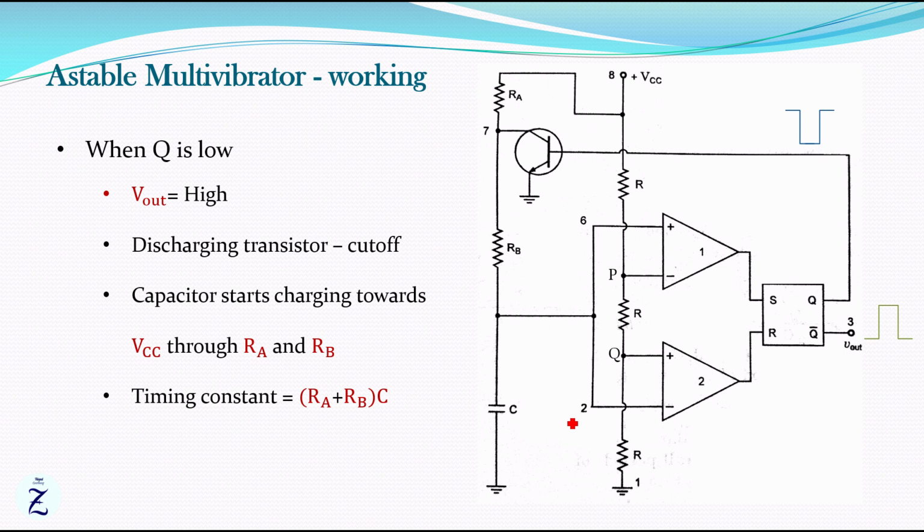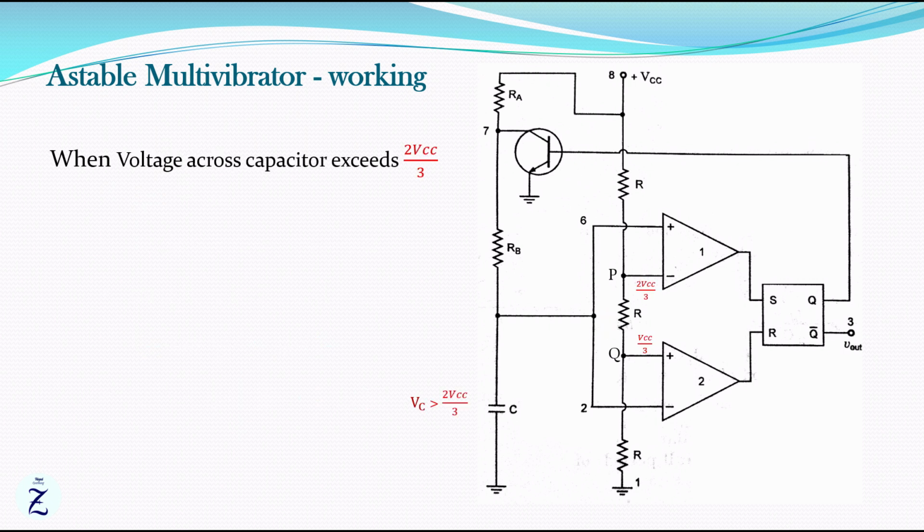Here we can see this capacitor is connected to the threshold and the trigger input. As the capacitor charges, the threshold voltage also increases. Eventually, at some point, the threshold voltage exceeds 2 by 3 VCC.